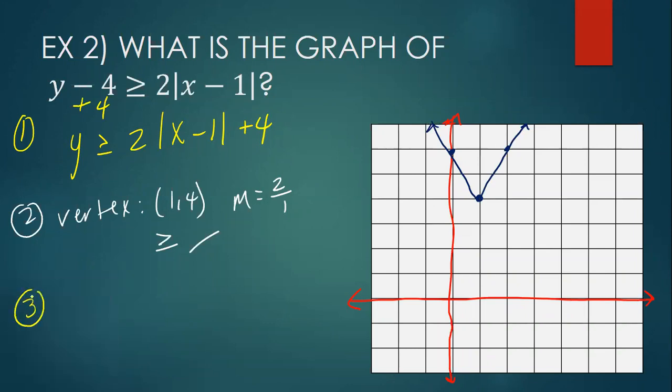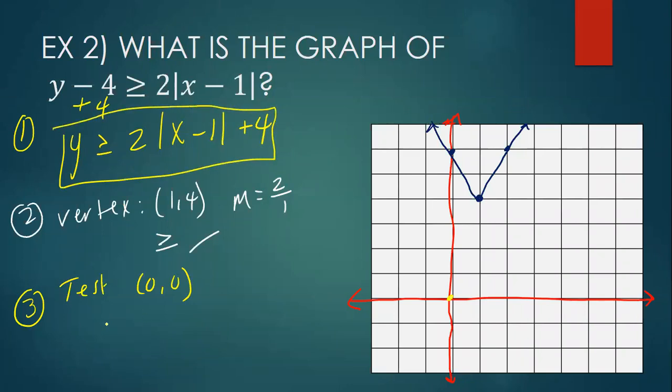Step 3 is to choose a test point. Can I use 0, 0? Why, yes, I can. So we're going to test 0, 0 in the step 1 inequality. So we have 0 is greater than or equal to 2 absolute value of 0 minus 1 plus 4. So 0 is greater than or equal to 2 plus 4.